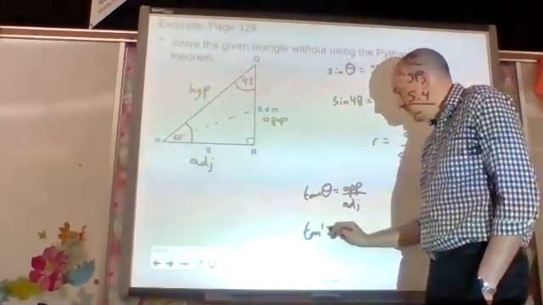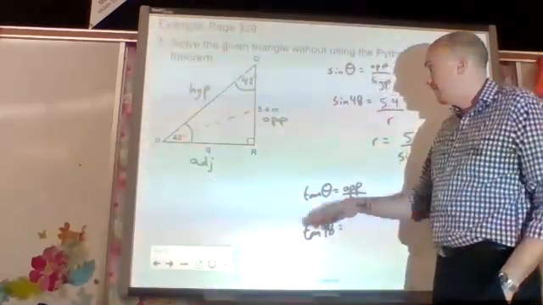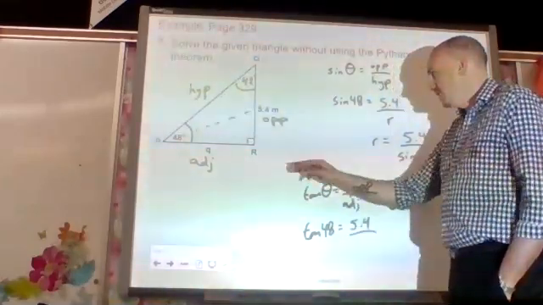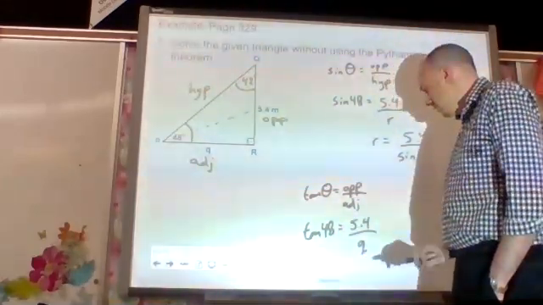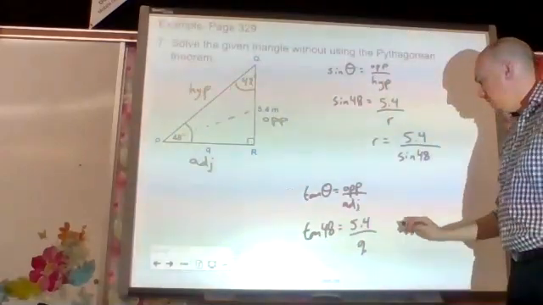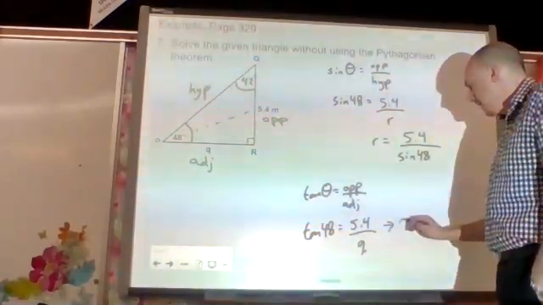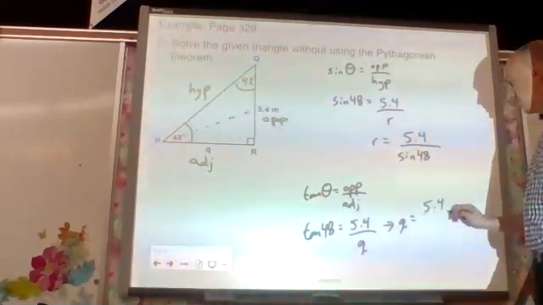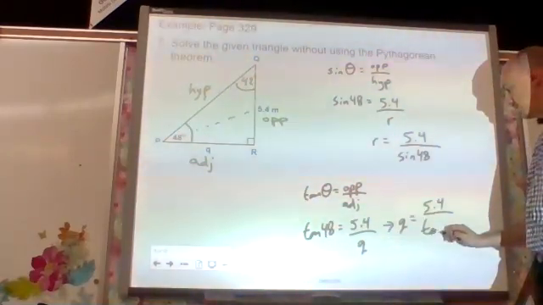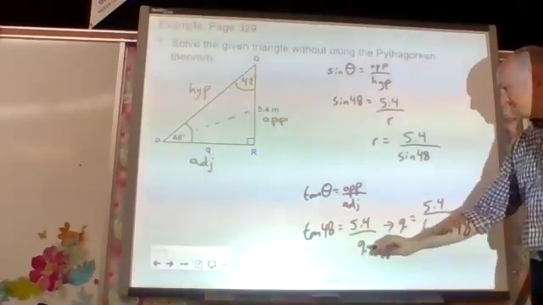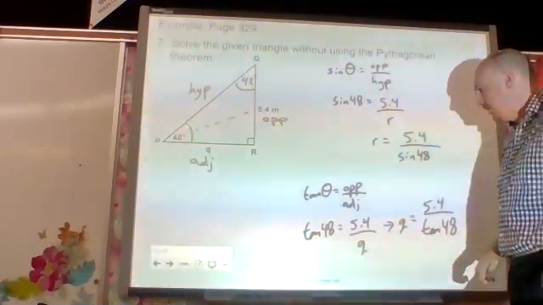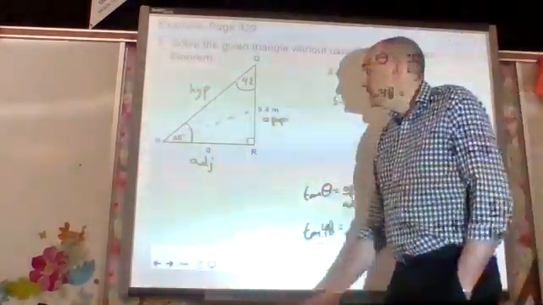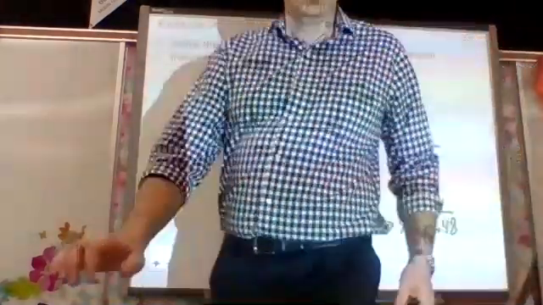Tangent of 48 equals opposite, which is 5.4, over adjacent, which is Q. So I have Q equals 5.4 over tangent 48, right? Variables in the bottom, so I divide by my trig ratio. Okay, and this will allow me to solve for Q and R.